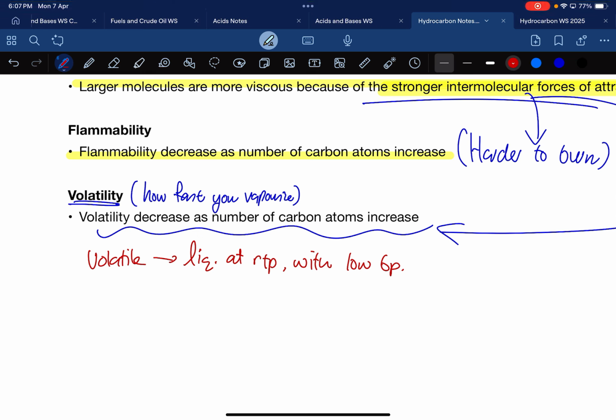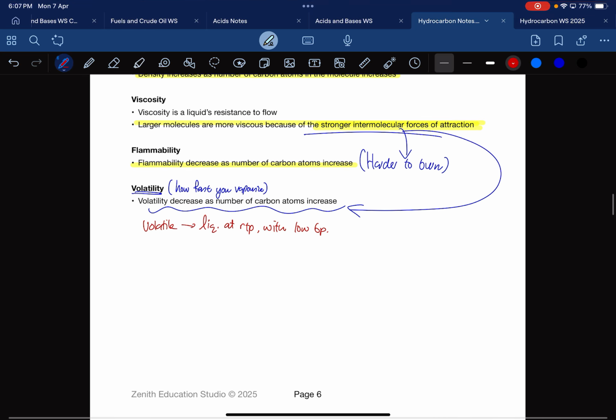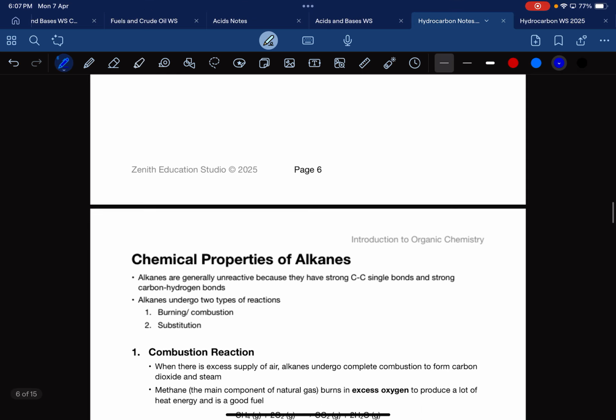As I increase my number of carbon atoms, boiling point increases, right? So volatility goes down. It becomes harder for the thing to vaporize and evaporate. If your forces of attraction are stronger, do you think it's easier to boil or harder to boil? So volatility decreases, it becomes harder for you to vaporize and become gas. That's okay? Good. Let's carry on.